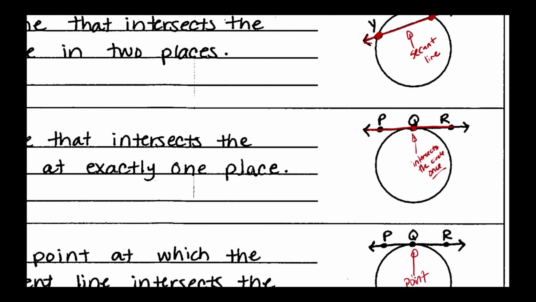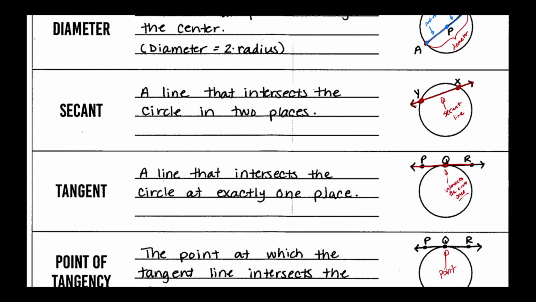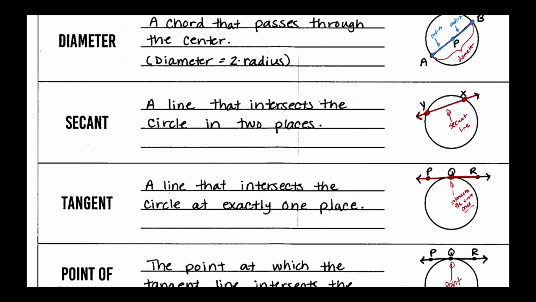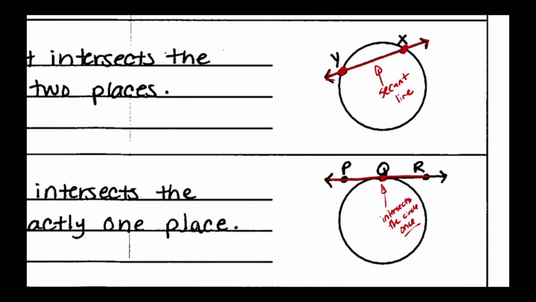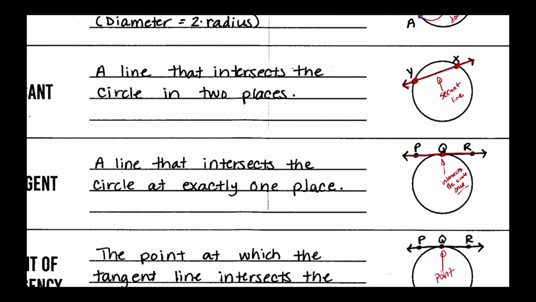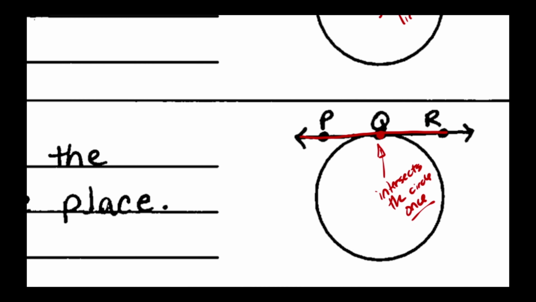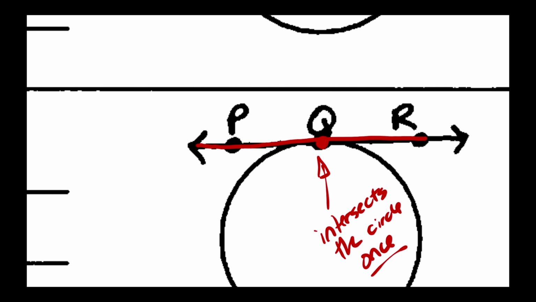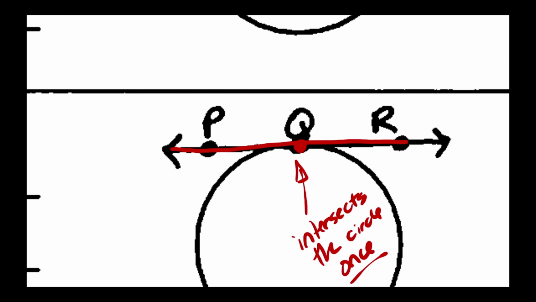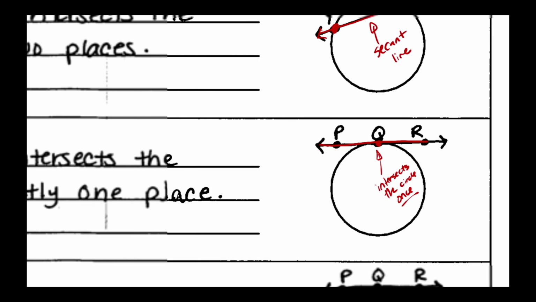That's called a tangent line. A tangent line is a line that intersects the circle at exactly 1 point. It doesn't hit it twice. It barely touches the edge, and if you zoomed in, it would just hit the circle at 1 point. That's called a tangent line.